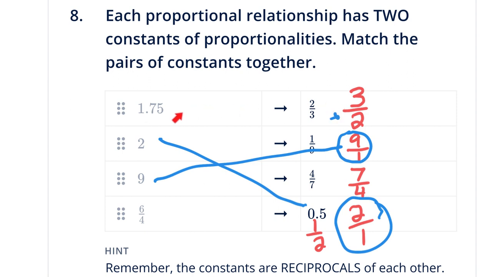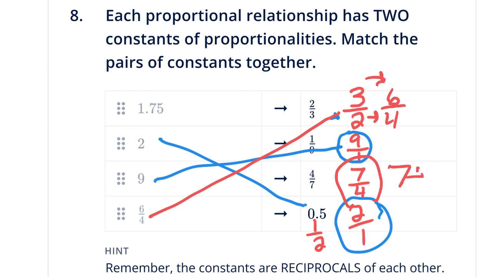I'm not sure if it equals this, but I know that 3/2 is 6/4, another form of the fraction 3/2 if I doubled the top and the bottom. Let me check. Yep, that will match. And then 7/4, my last one, if I do 7 divided by 4, I would get 1.75, and sure enough, that will match.